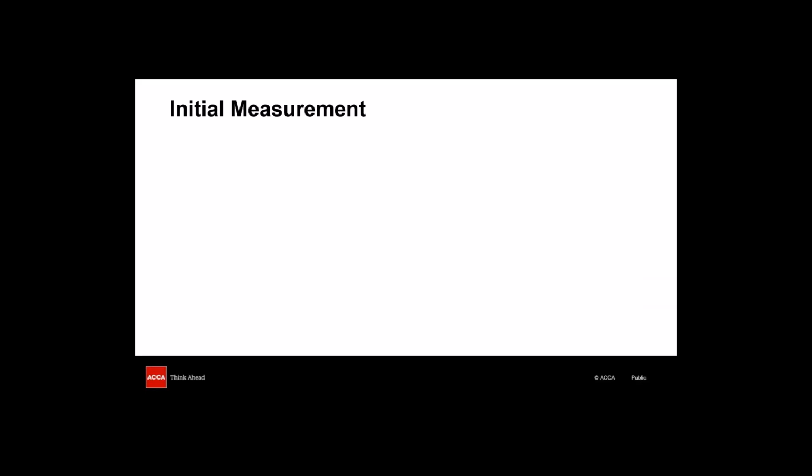Now that we are done with the initial classification, we can see how initial measurement is done. By now we know the category under which our financial asset is going to be placed. Starting off with the measurement criteria with respect to the financial asset, let's see what is the accounting that is done by the holder.